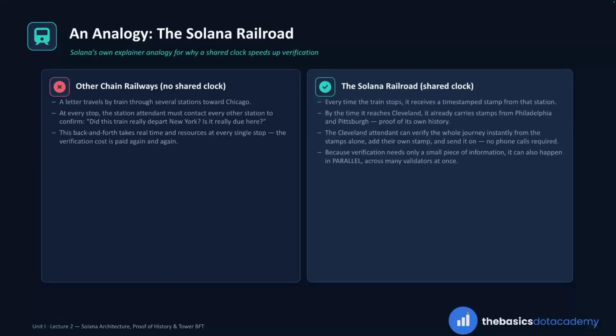How does Solana address this? Let us have a look at it. The Solana Railroad, which makes use of the shared clock. In the case of Solana, every time the train stops, it receives a stamp from that station. At each station, the train receives a stamp which has the timestamp.